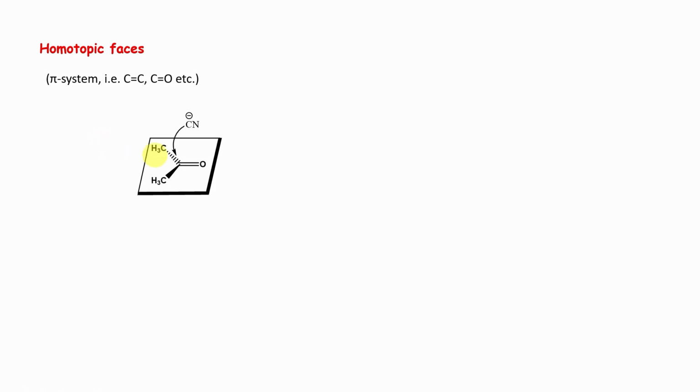See, in the case of a carbonyl compound, it is acetone having a C double bond O, or it is a pi system. If this acetone is treated with HCN, addition reaction takes place to form the corresponding cyanohydrin. This cyano group may attack from the top face or maybe from the bottom face.